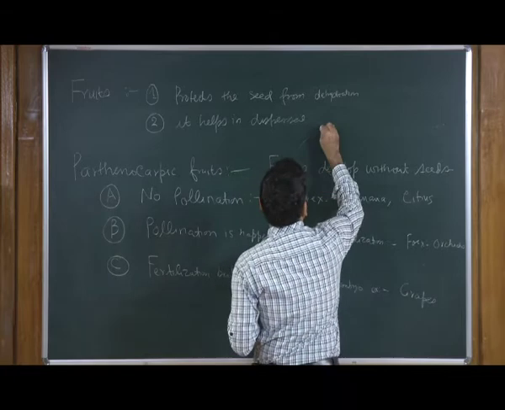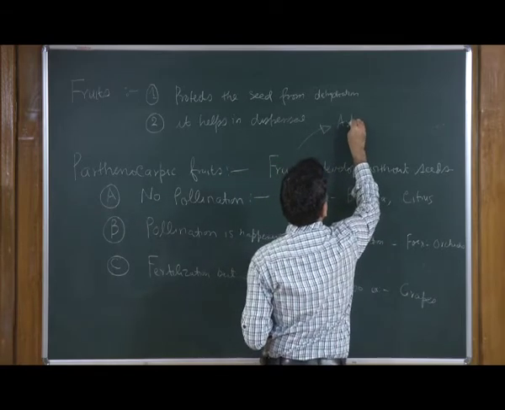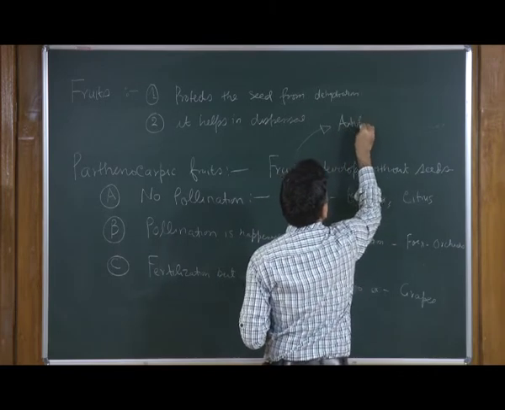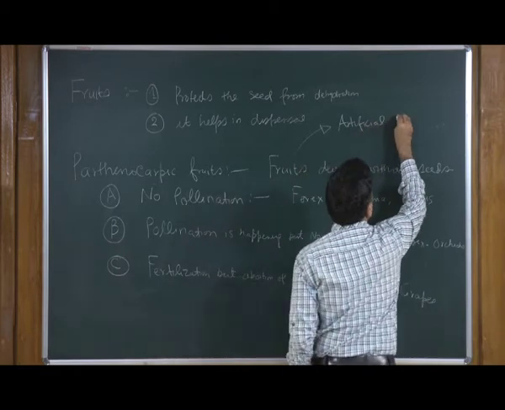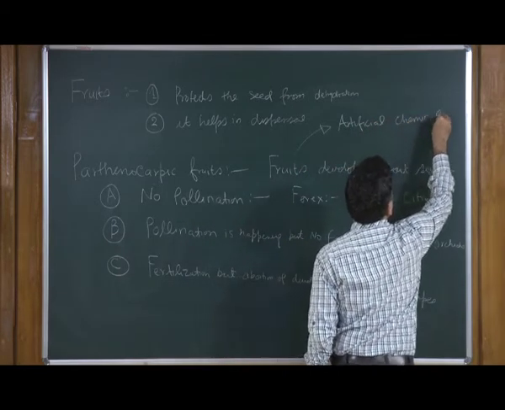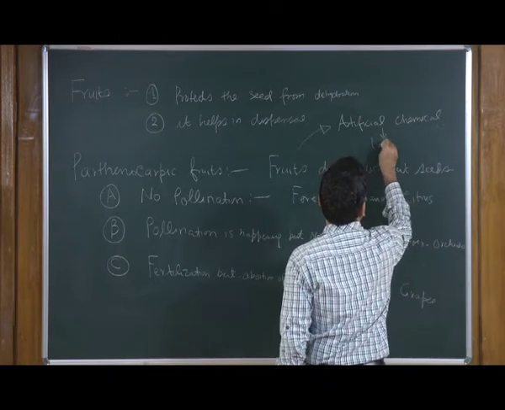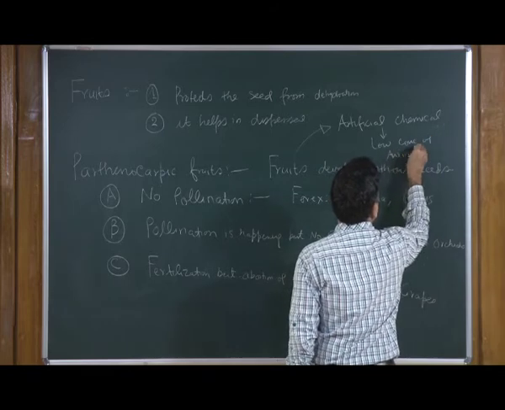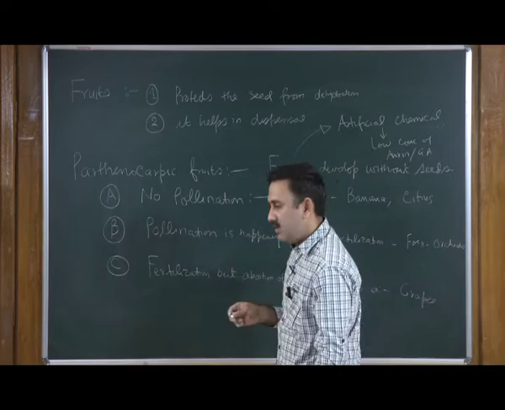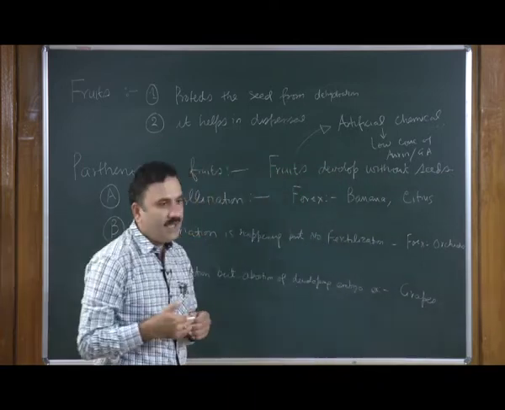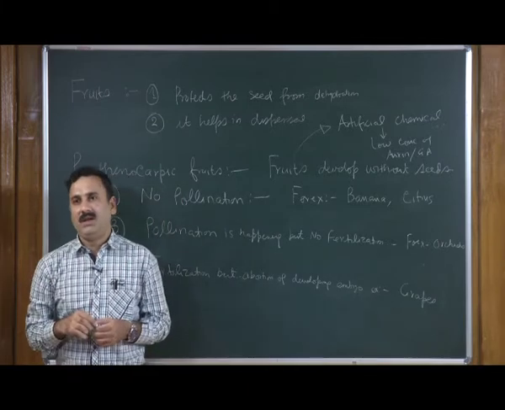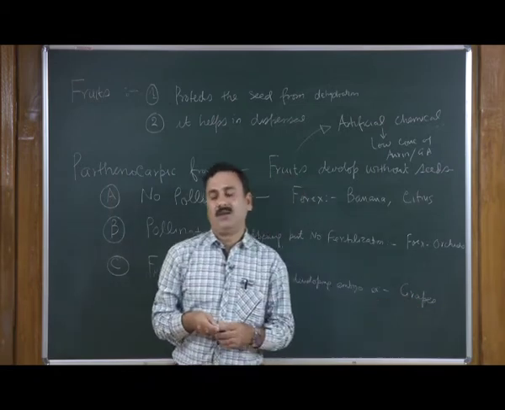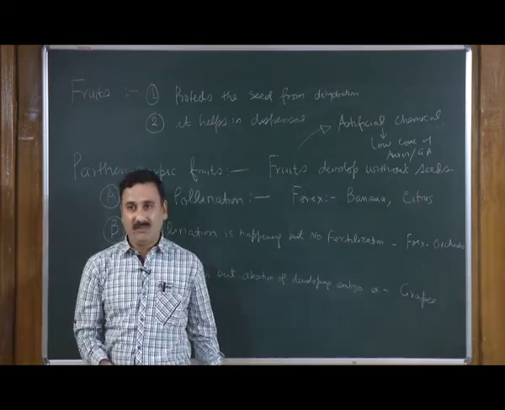So, you can have artificial parthenocarpy by using a low concentration of auxin and gibberellic acid, and that is how you can increase the economic value of some fruits. For example, seedless grapes or seedless watermelons.